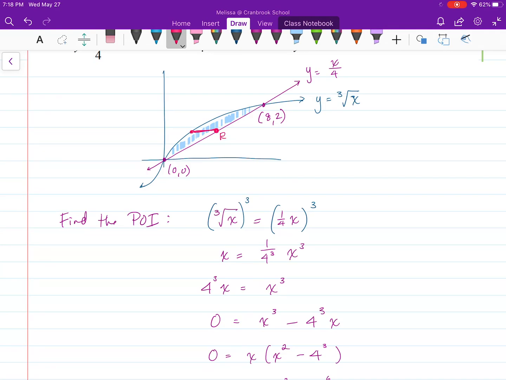So therefore, I need to put y equals x on 4 in terms of x equals, so 4y, that's pretty easy, equals x. And then my inside radius, or my smaller radius, is defined by my cube root. But again, I need to solve that for x. So cube both sides, so y cubed equals x.